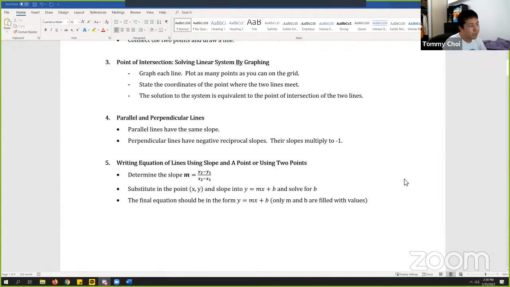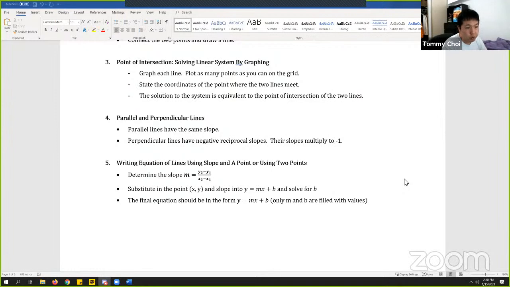Our last skill that we did, writing equations of lines using slope and a point or just 2 points. Remember the goal here, number 1, if you don't have slope, you should get the slope. No other option. If you don't have slope, find it.